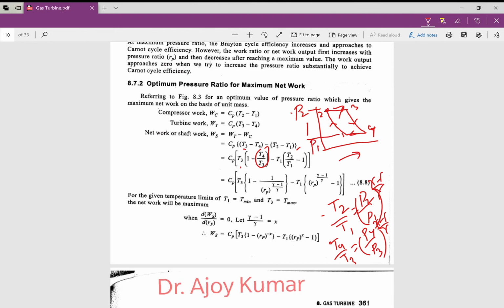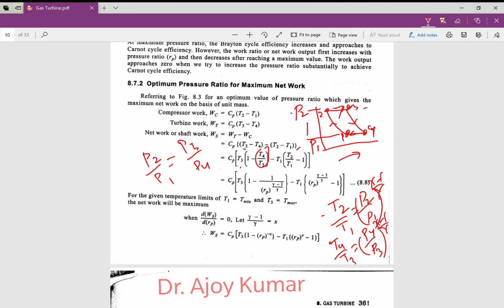So P2 is equal to P3 and P1 is equal to P4. So either you write P2 upon P1, that is equal to P3 upon P4, that is your pressure ratio.